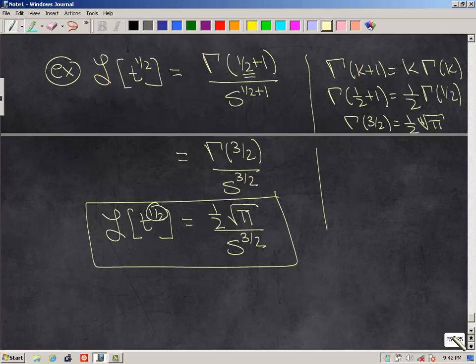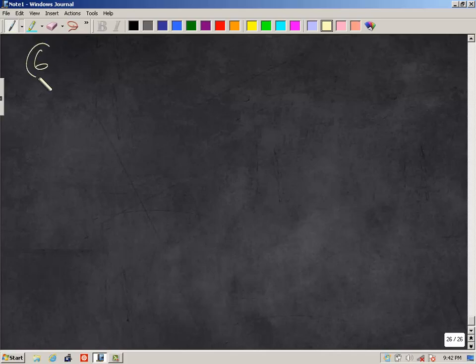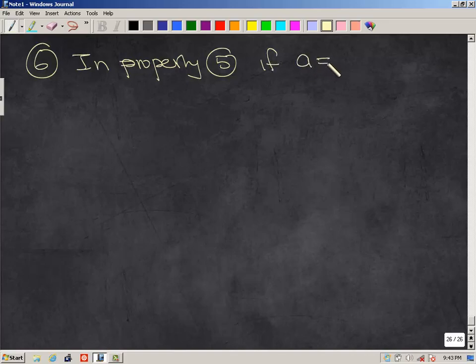Okay, before I end, let me just wrap this up by showing you what will happen to property 5 if a is equal to a positive integer, that is, a is equal to some n.